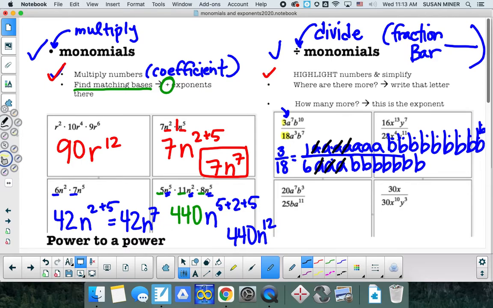And so each of these a's, oh, there's no more a's to cancel out, so I can't cancel that last one out. Anytime I have a b on top and a b on bottom, they're going to cancel each other out.